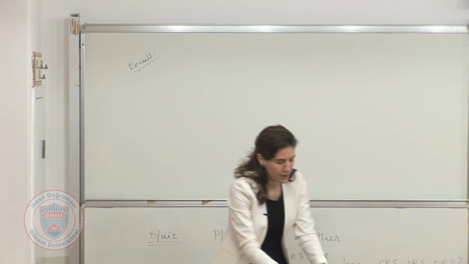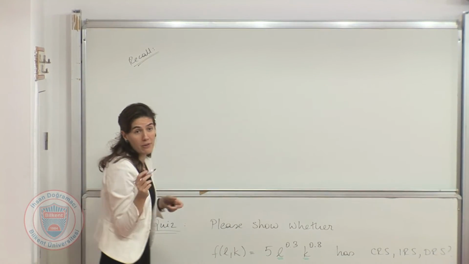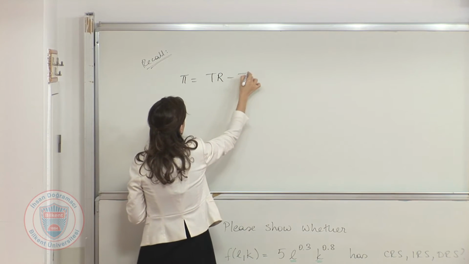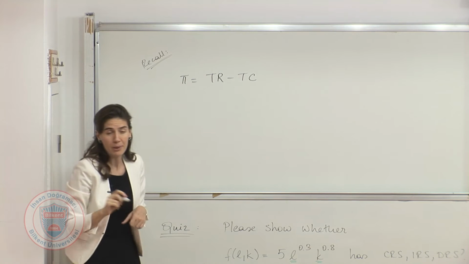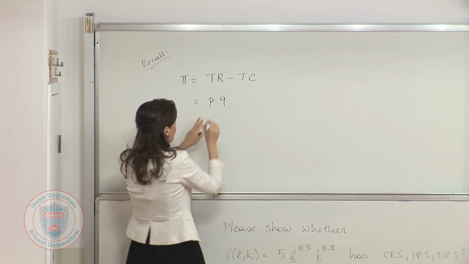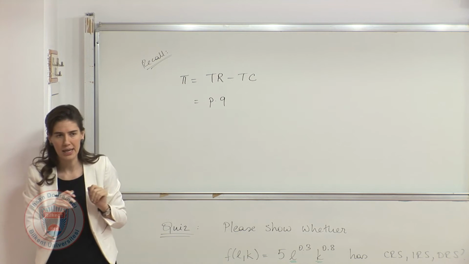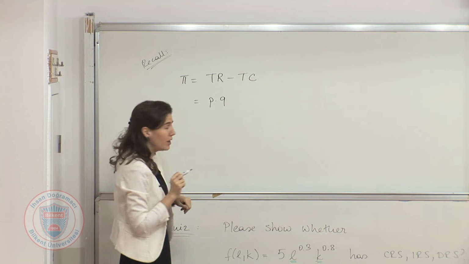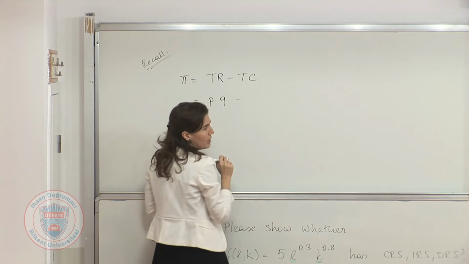So we said that the firm's objective is to maximize profits, and that profits are total revenue minus total cost. This portion is P times Q, of course, if the firm is a price taker; we said that is not necessarily the case, okay? And minus the total cost.